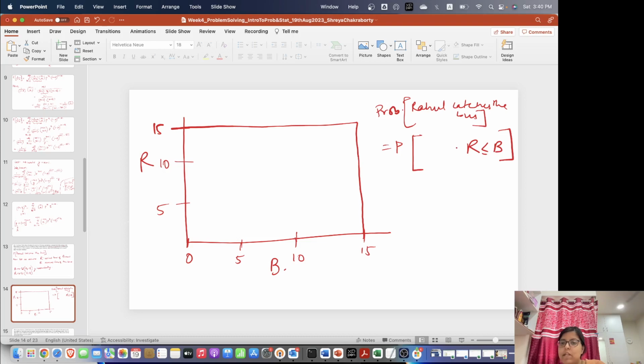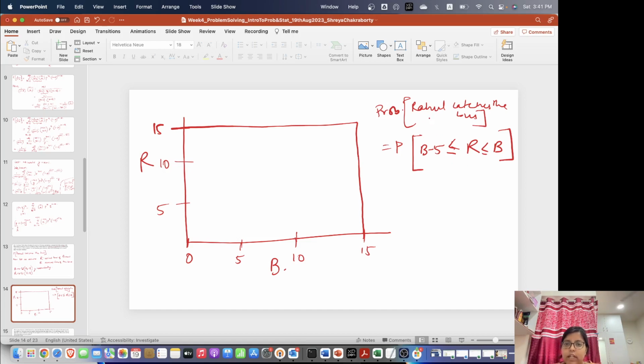So Rahul should be at the bus stop within 5 minutes before the arrival of the bus. So R should be less than or equal to B, and greater than or equal to B minus 5. Only when Rahul arrives within 5 minutes before the arrival of the bus will he get the bus within that 5 minutes interval. Is this part clear?